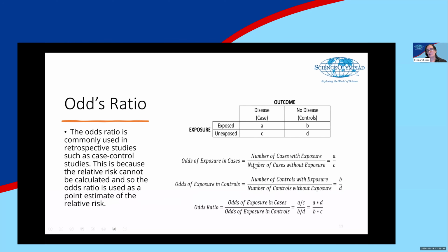So odds of exposure in cases will always remain as number of cases with exposure divided by number of cases without exposure. The reason I kept them like this, and then I said it is the cross product, is to make it easy for you. If you have a 2x2 table with outcomes here and exposures here, then you can just cross multiply and you will get your answer.